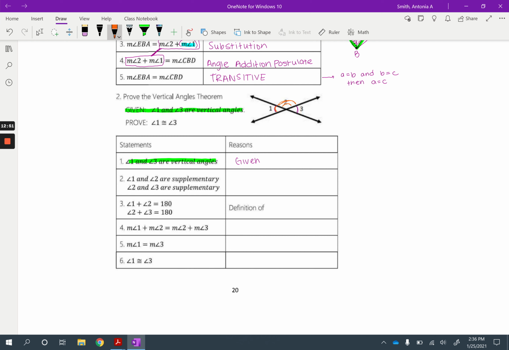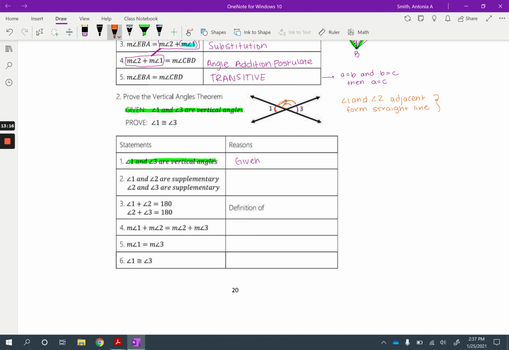When angles, so I'm going to write to the side here, angles 1 and angle 2, they are adjacent and they form a straight line. Okay, what do we call angles that are adjacent and form a straight line?